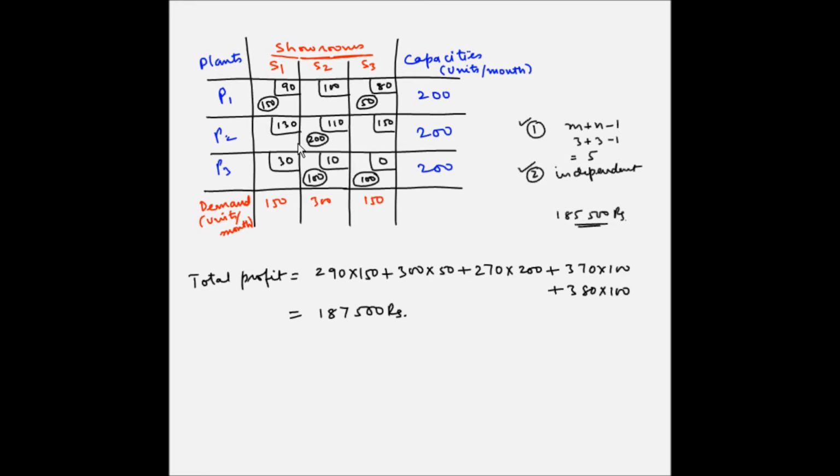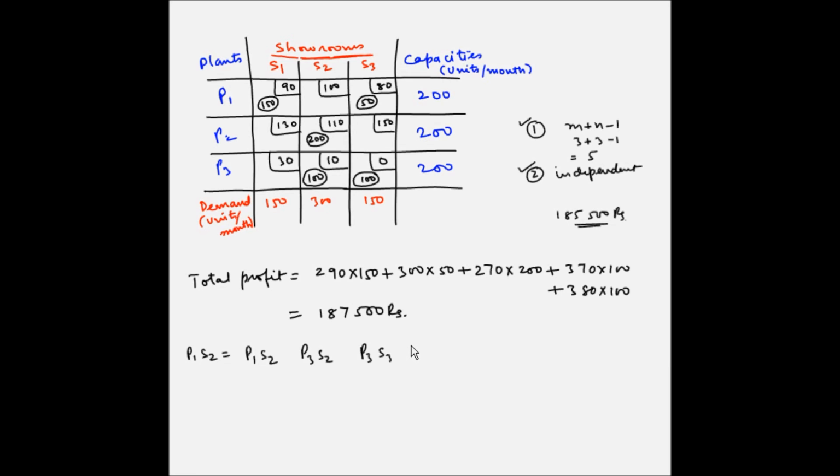The next step is to establish a closed path using rectilinear motions, starting from the selected water square via stone squares and then back to the same water square. So for the first water square, which is P1S2, the closed path would be P1S2 to P3S2 to P3S3 to P1S3 and then back to P1S2.